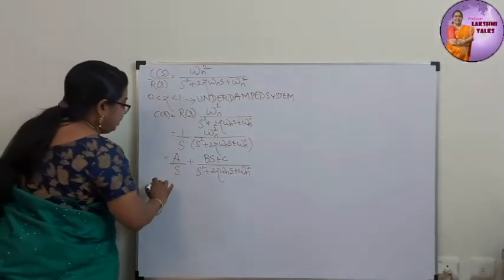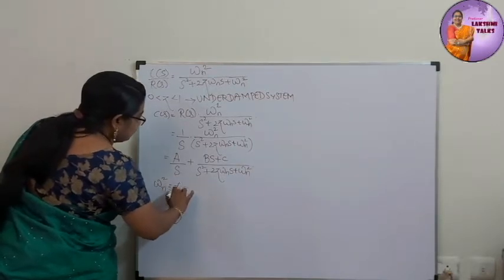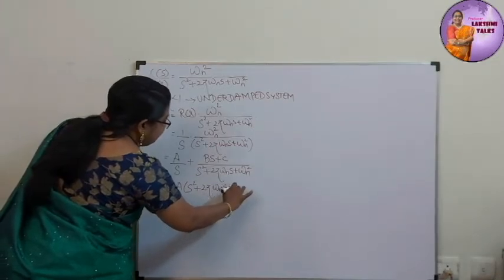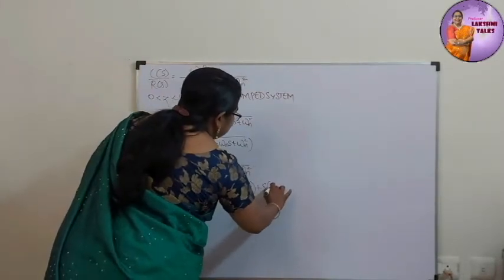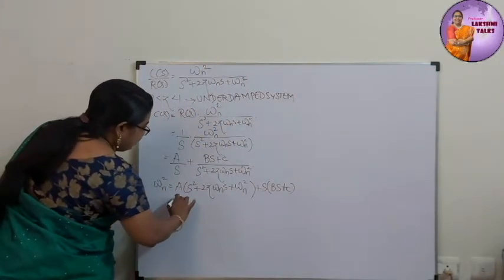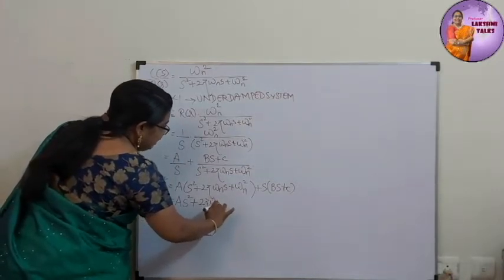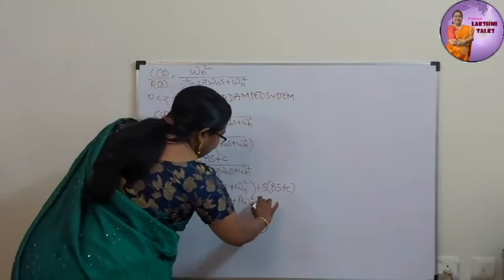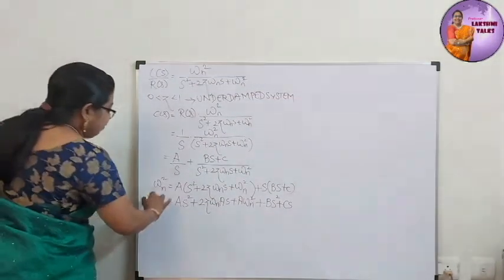Right? So now this can be written as omega n square is equal to A into S square plus 2 zeta omega n s plus omega n square, plus S into Bs plus C. Now expanding, we get A S square plus 2 zeta omega n A into S plus A omega n square plus B S square plus C S. And what about the left hand side?